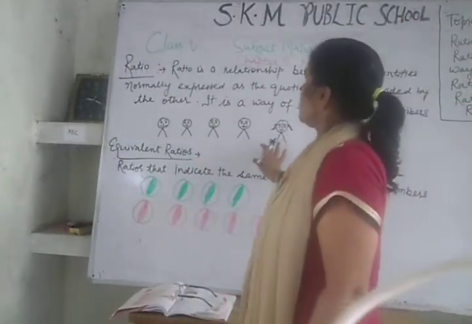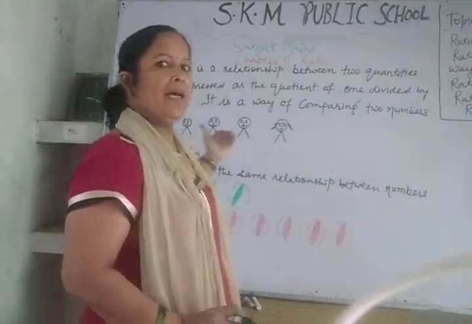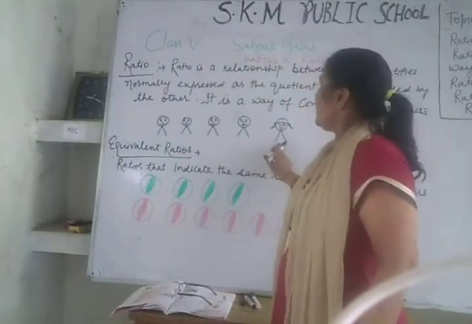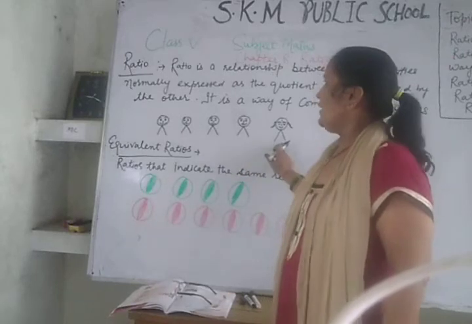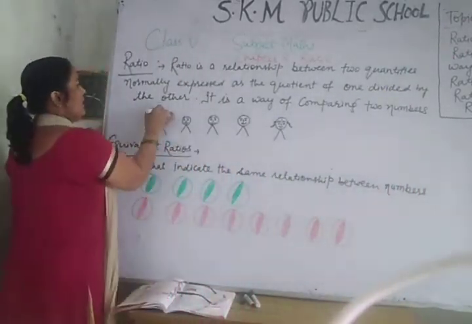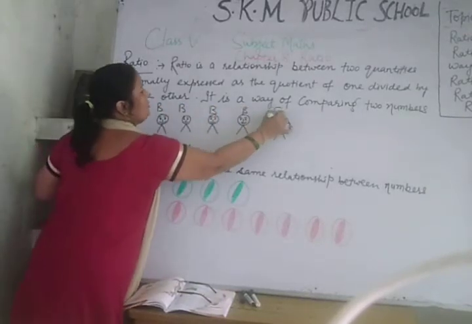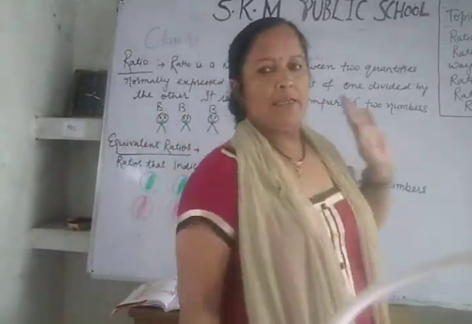Suppose there are 5 students standing in a line, and the number of girls in this queue is 1 and the number of boys is 4. B is for boy and G for girl. Here 4 boys and 1 girl are there.